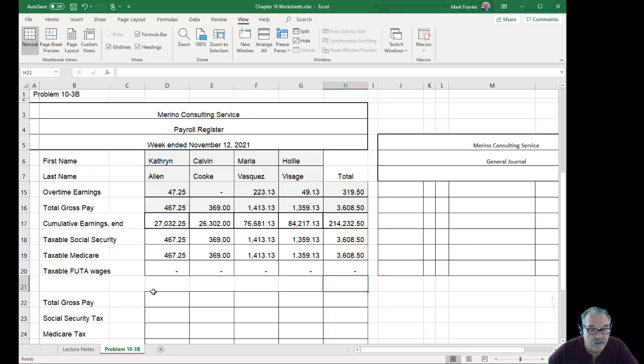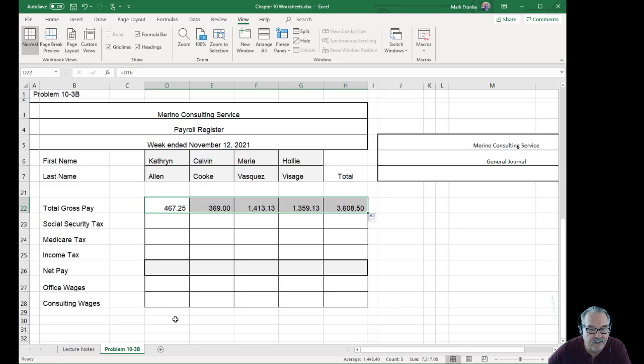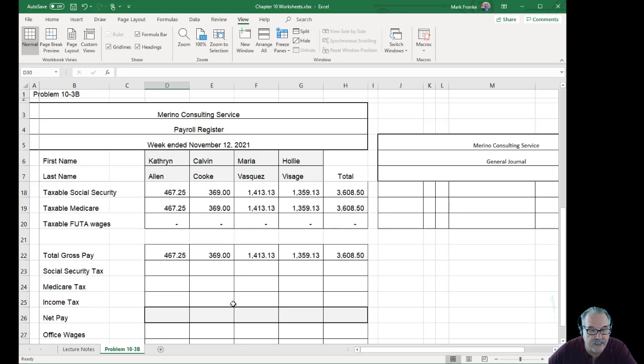So now we've got the gross pay, and I'm just going to link it in from above, because now we're going to actually do the calculation of each one of their paychecks. So we're going to start with gross wages, and then we're going to calculate Social Security tax, Medicare tax, and income tax.